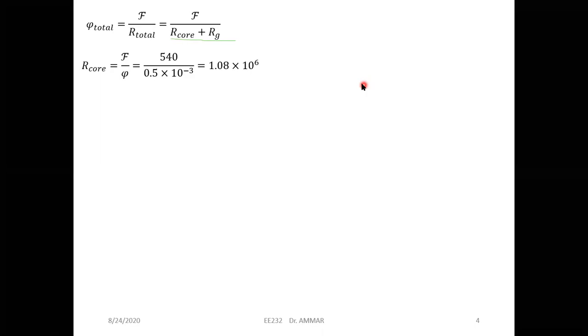The total reluctance here is equal to the core reluctance plus the air gap reluctance. To find the core reluctance, as I said, we use the same parameters given in the first question, which is the flux of 0.5 and the MMF 540.